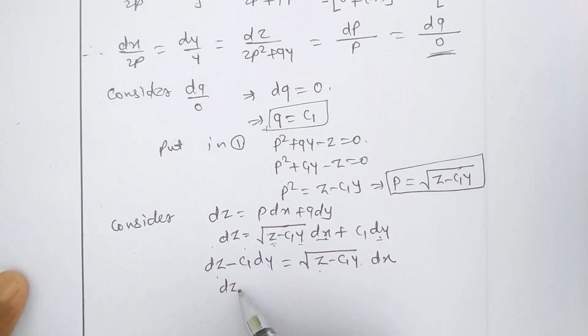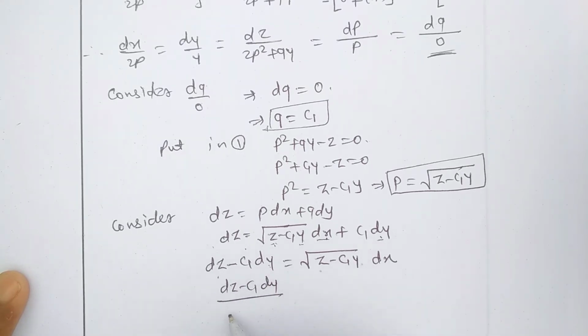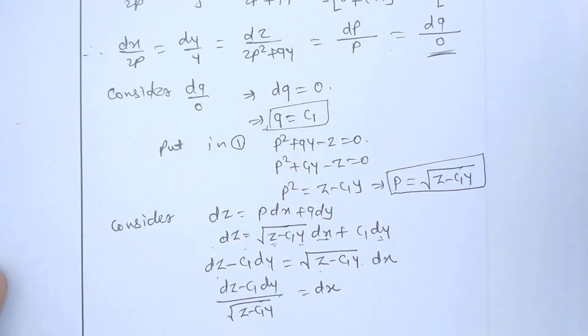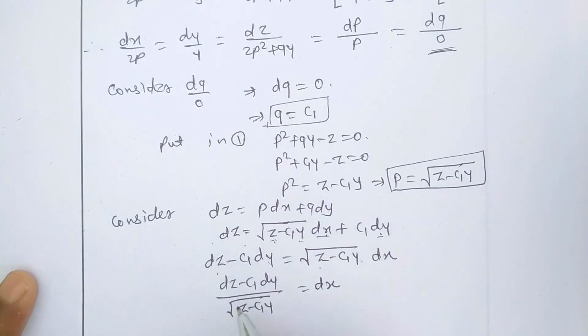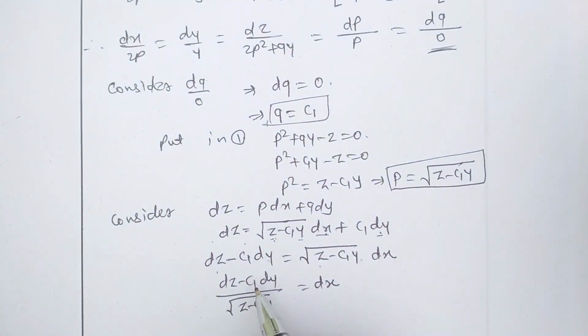So you will get dz minus c1 dy upon under root of z minus c1y is equal to dx. Now see, in the left hand side the terms of y and z are there, that means y and z are separate, and in the right hand side terms of x.